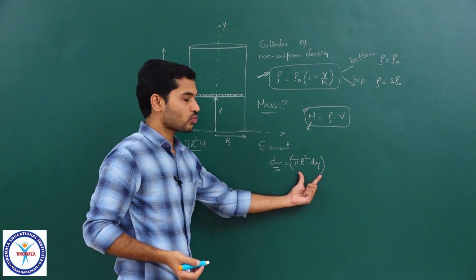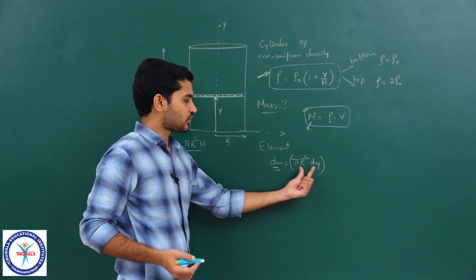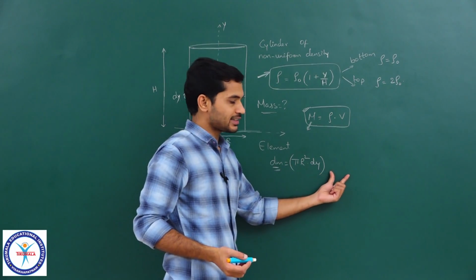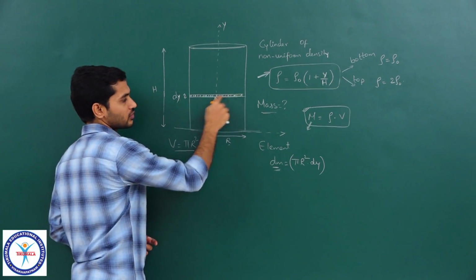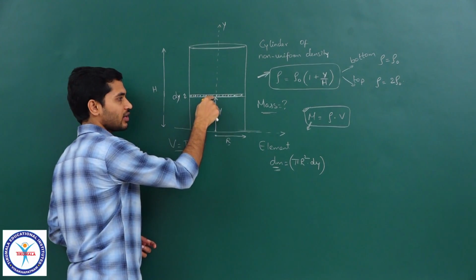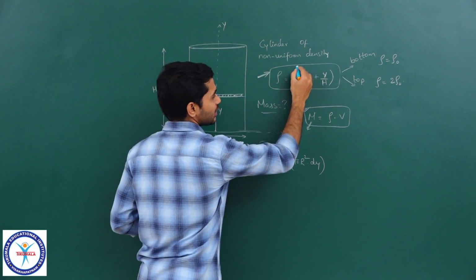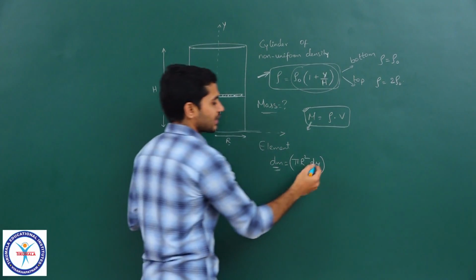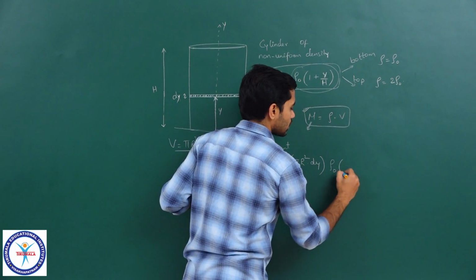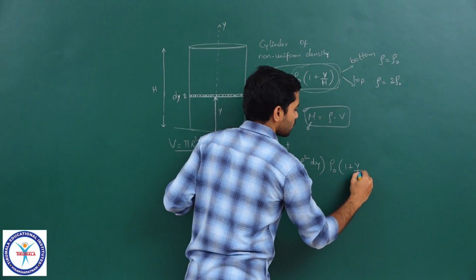What I have written here is the volume. Mass is equal to volume into density. Clear? What is the density of the cylinder here at this level? We can say that the density will be given by this value. Do you understand that? So I'll write that density, rho naught into 1 plus y by h.